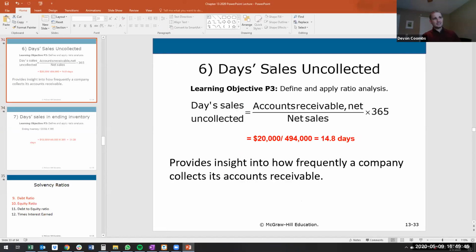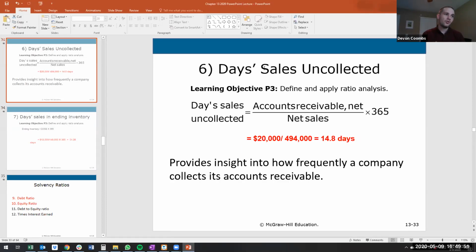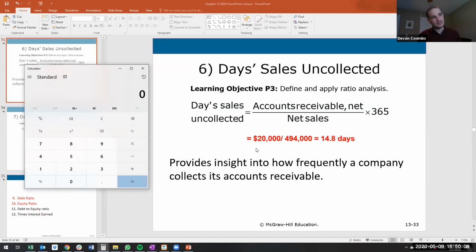These last pieces are day sales uncollected, or day sales collected, or days in ending inventory. This just helps us know how long it takes us to collect our receivables. So this is a useful metric to see if we need to improve on the collection side of our business. And so what we do here is we take our accounts receivable net divided by our net sales and multiplied by the number of days in a year. So let's say we had 20,000 accounts receivable at the end of the year.